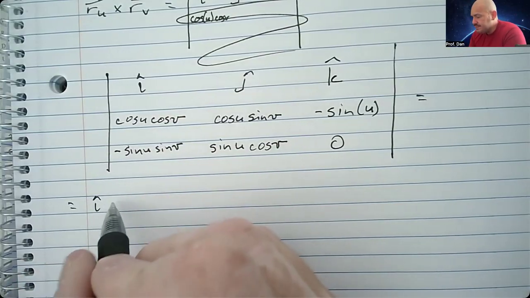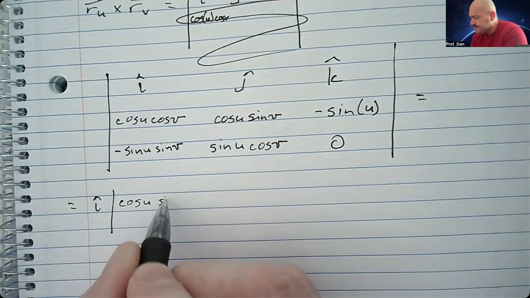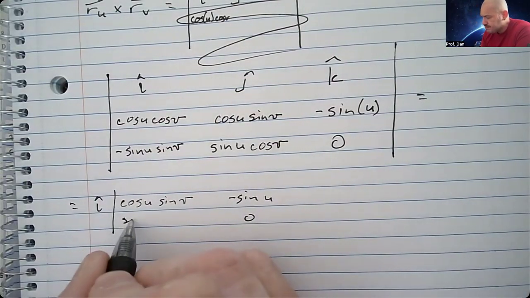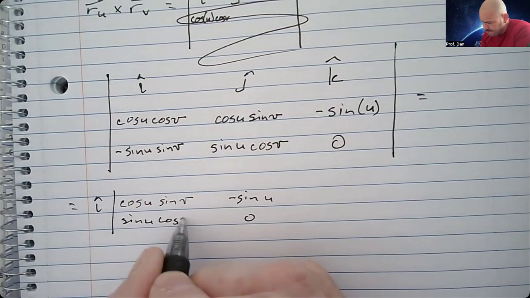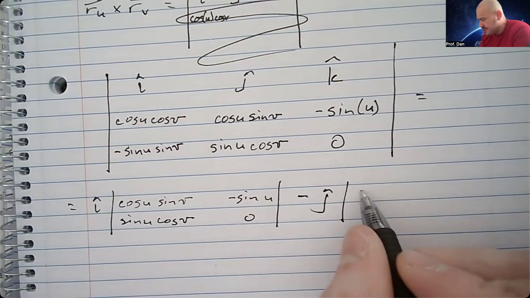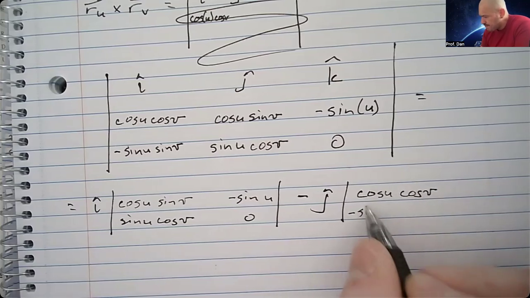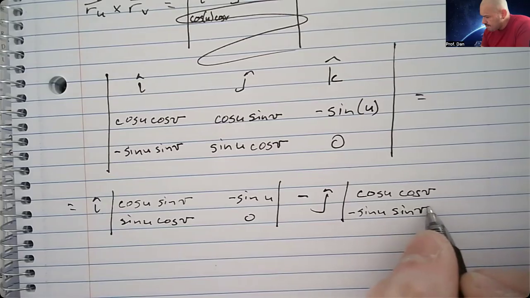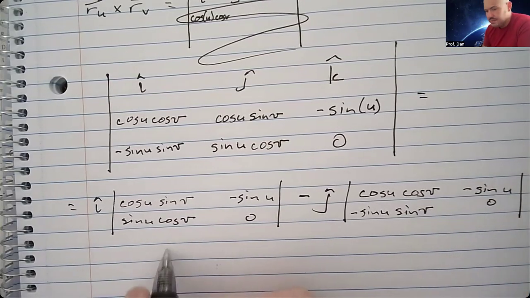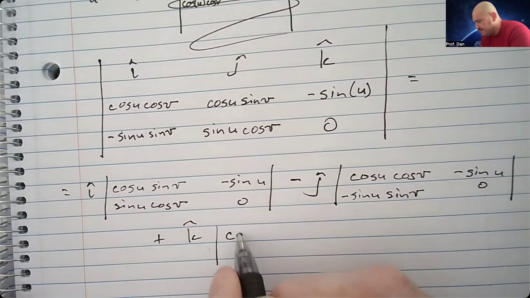So we have i multiplied by this 2 by 2 determinant, minus j times this 2 by 2 determinant, plus k times this 2 by 2 determinant.